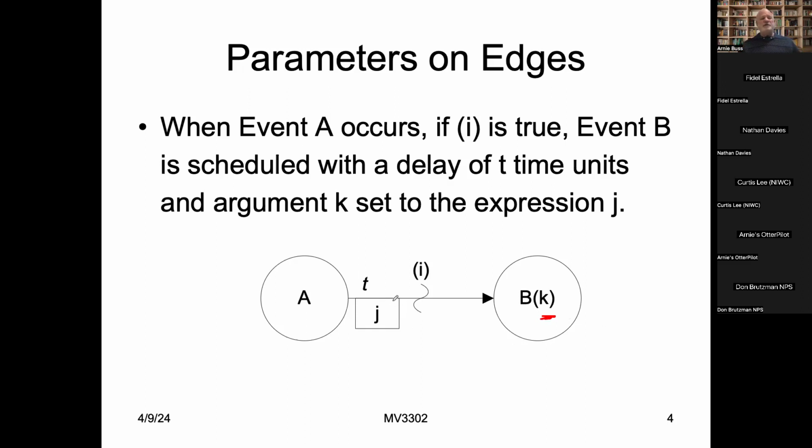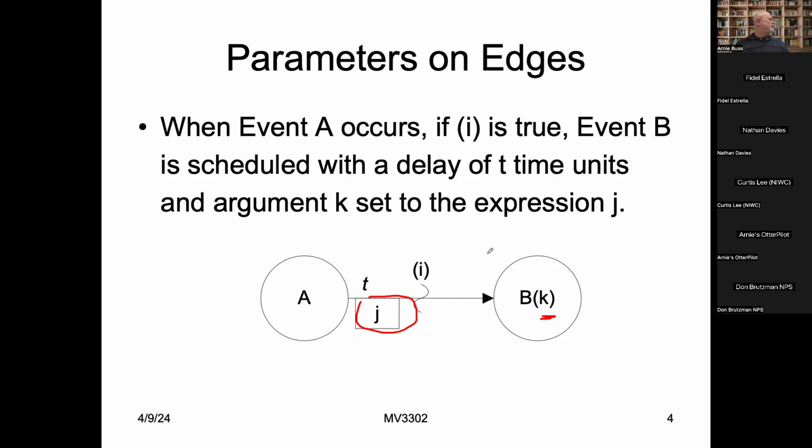The way that we specify it in the event graph is by putting the parameter that we're passing to it in a little box on the edge. I haven't found a better way to represent that. The guy who came up with this decided it should be depicted that way, and it seems like a reasonable thing.